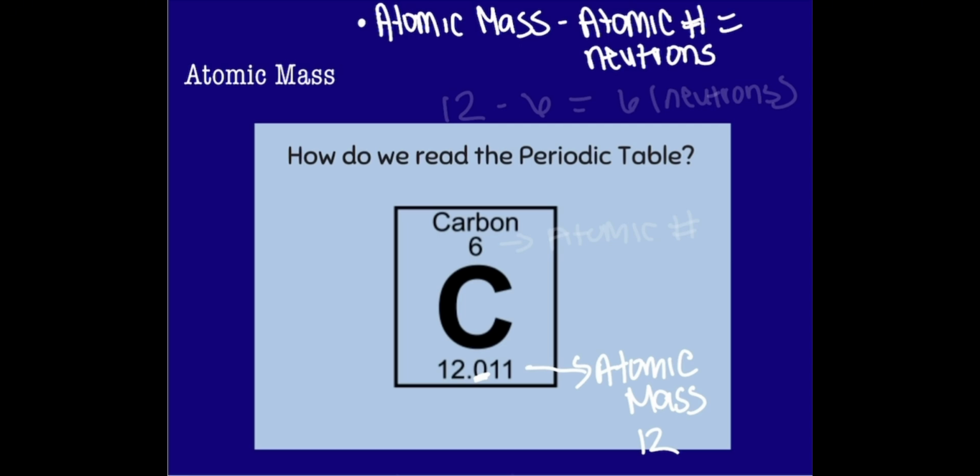My atomic mass for carbon is 12. I'm going to subtract my atomic number from 12. My atomic number can be located here, above my element symbol, which is 6. 12 minus 6 is 6, and this is my number of neutrons for carbon. Okay, that was pretty easy, right?